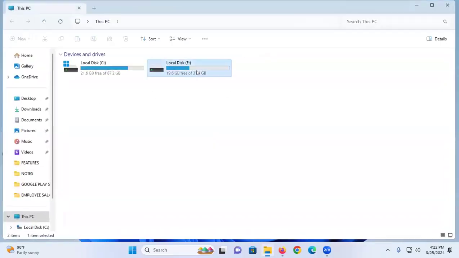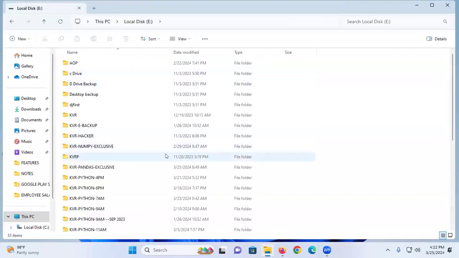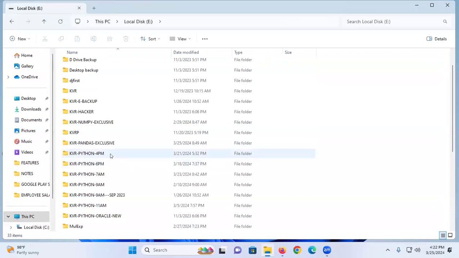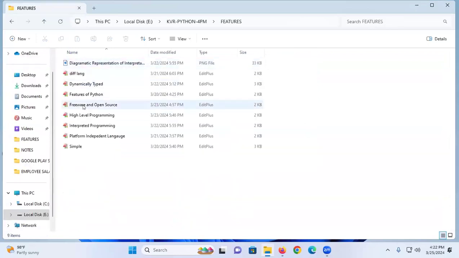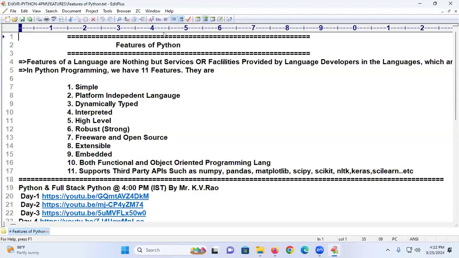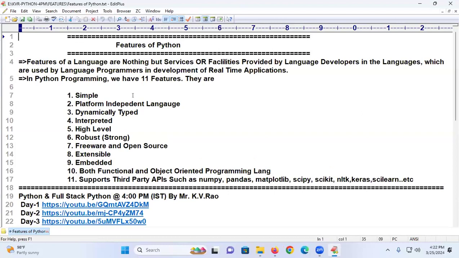In previous sessions, we already started discussing the continuous topic, features of Python. I was about to complete the features of Python in the last session. Anybody who is here on the first day today?